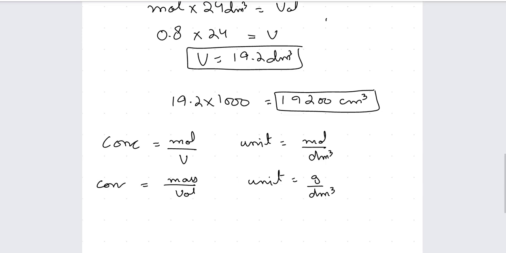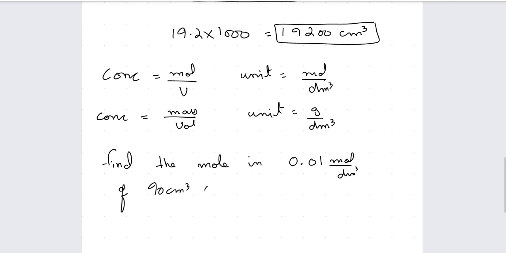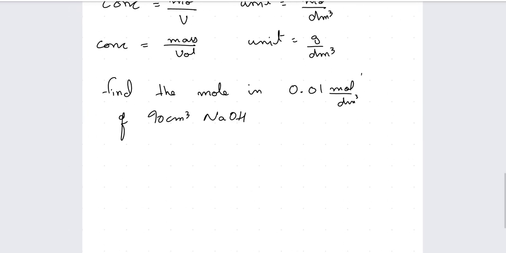You can identify the concentration with the help of its unit. So if the question is find the mole in 0.01 mole per decimeter cube of 90 centimeter cube NaOH. Now the unit here is mole upon decimeter cube, but the volume here is in centimeter cube.